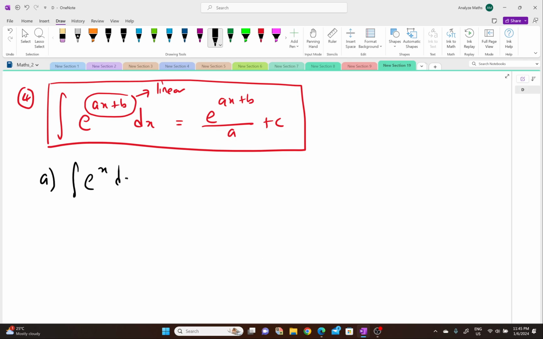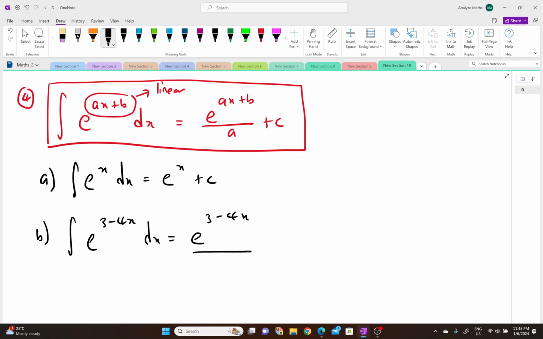If you integrate e to the x, basically the answer is e to the x. If you differentiate e to the x also, the answer is e to the x. You integrate also, the answer is e to the x. According to the formula, divide by the a. The a here is this 184.